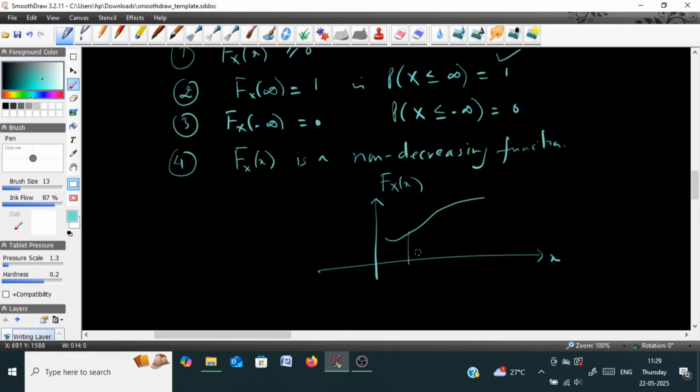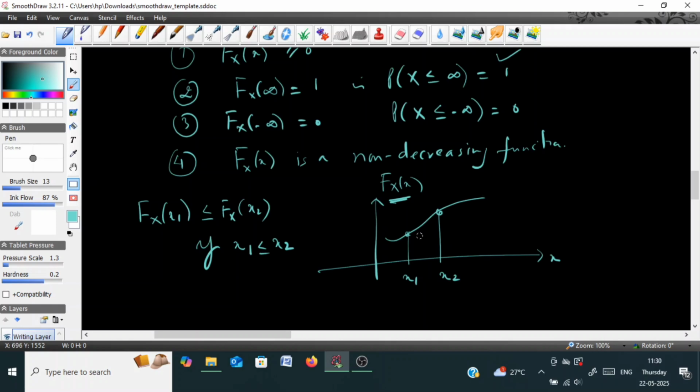It means if you take any two points x1 and x2, the CDF of the random variable at x1, that is F_X(x1), will be less than or equal to F_X(x2) if x1 is less than or equal to x2.